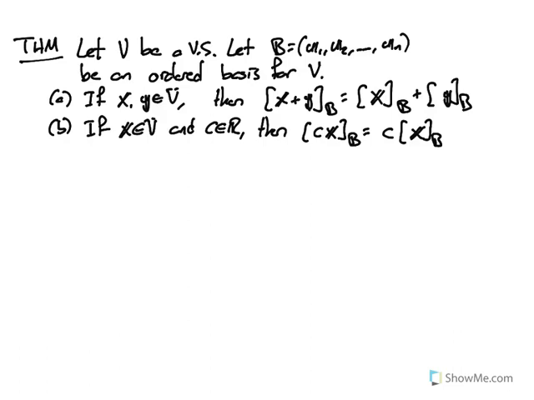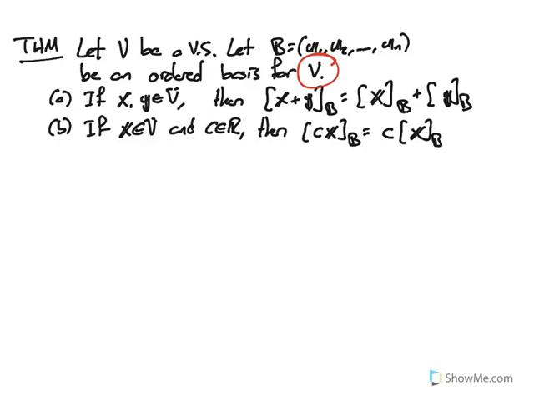The very last thing we will do is simply to state a theorem that says that this operation of converting a vector in V into a set of expansion coefficients is a linear operation. And this is pretty much the definition of a linear operation.